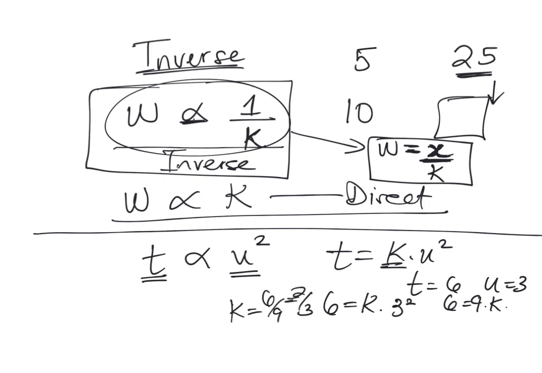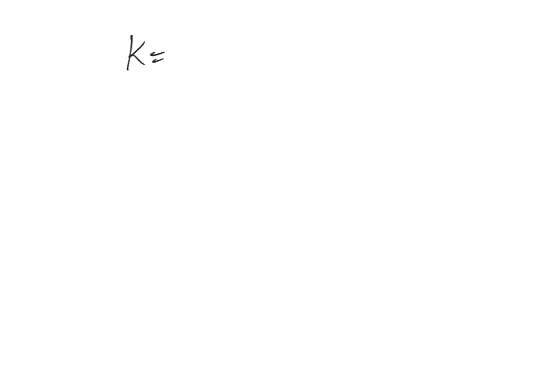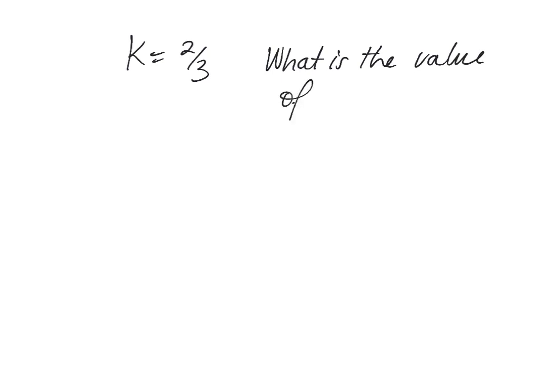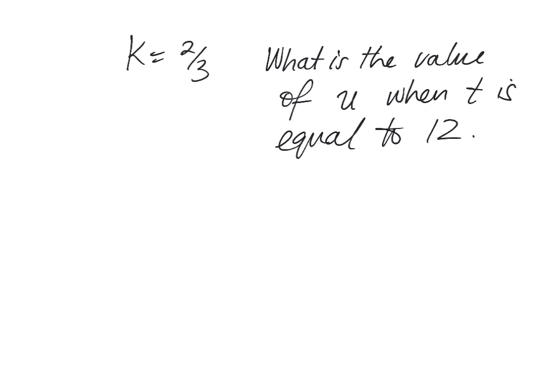In some cases, they can ask you then, for example, you've just solved for K, right? It was 2 over 3. And they could tell you, well, what is the value of, let's see, U when T is equal to, and they could say, for example, equal to 12.